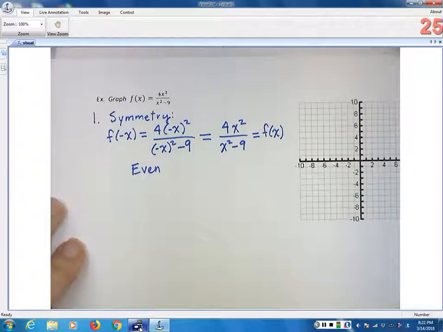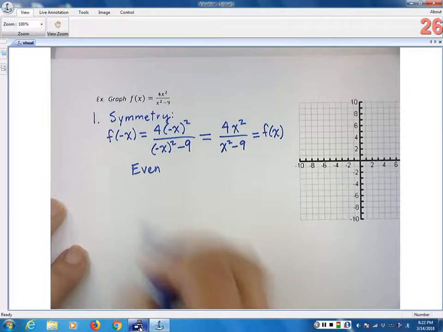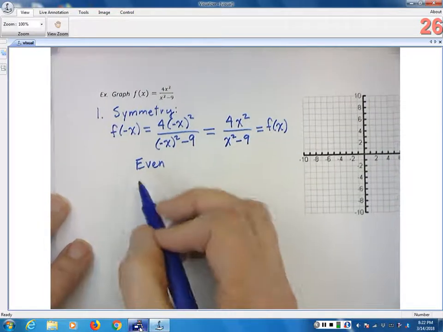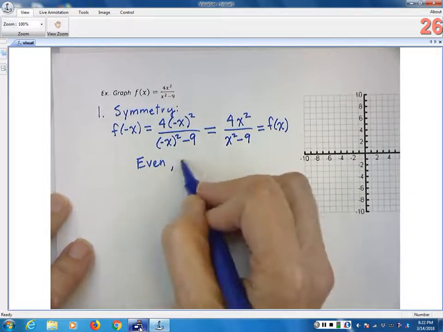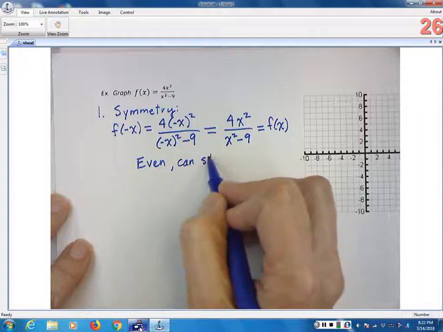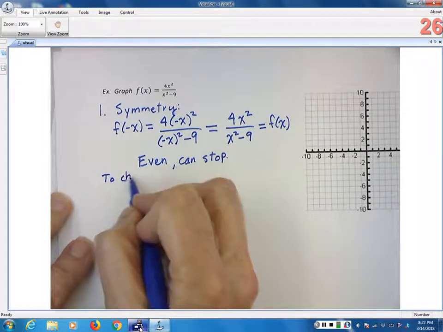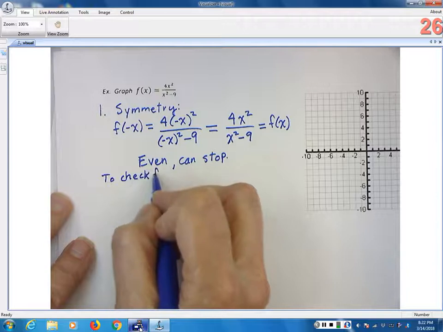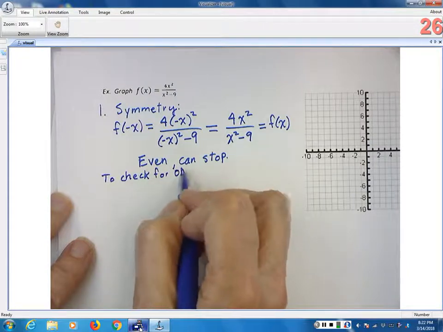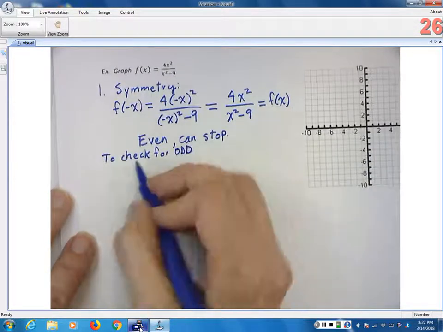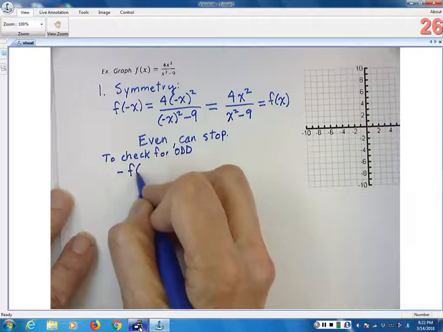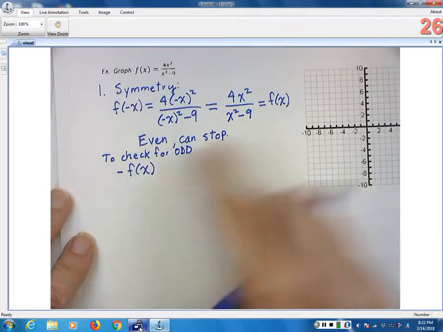Maybe I should just show you if you had to check for odd. I'm just saying to check for odd. Here's the thing, you want to find minus f of x and see if it equals that.